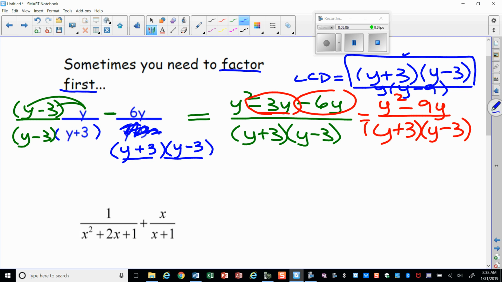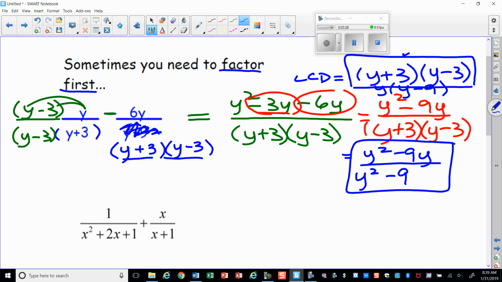Well, that doesn't really get me anywhere, right? There's nothing that can cancel out. So my final answer is going to be y squared minus 9y on top, and then I FOIL these and I get y squared minus 9 on the bottom, and that would be my final answer.